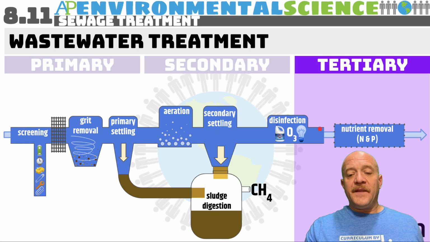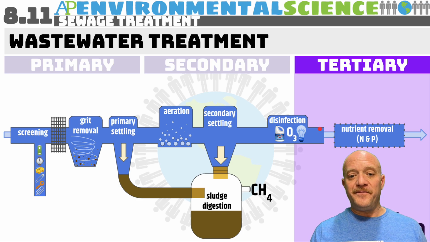Now, again, if there is a tertiary treatment, then at some stage in there we will have disinfection. You will not really have to specify where the disinfection happens. It's usually the last stage, if there's only primary and secondary.